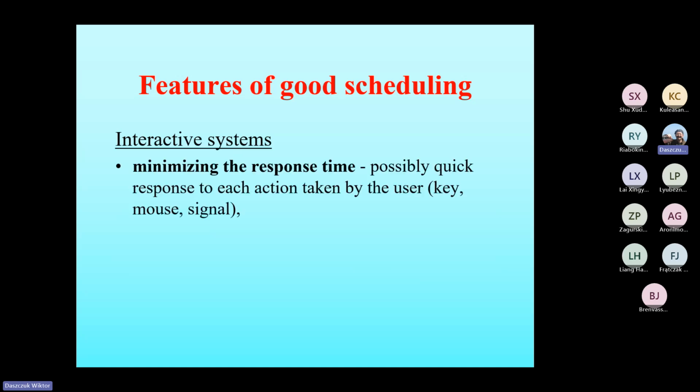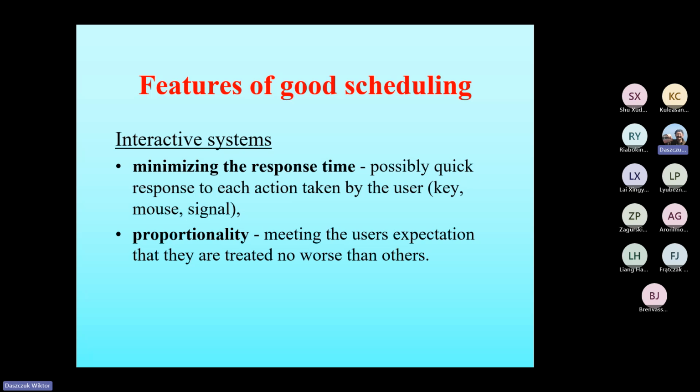For interactive systems, of course, it's response time, because an interactive system is one in which the computer answers the prompts of users. So we should minimize it. We can treat some background processes badly, but shorten the time of reaction to user actions.